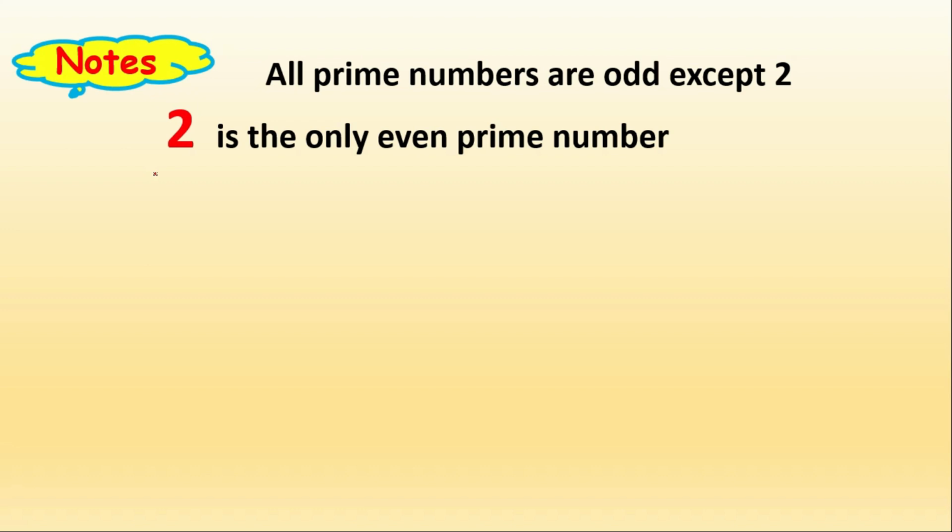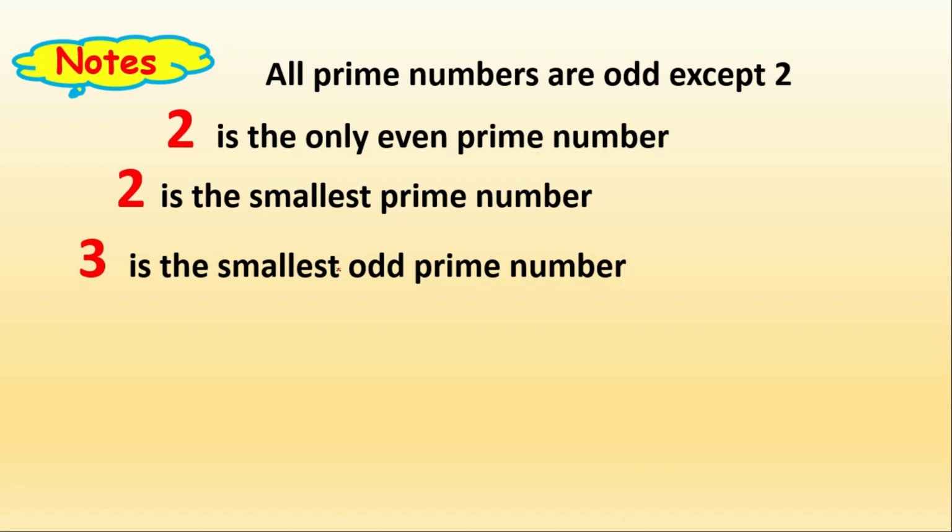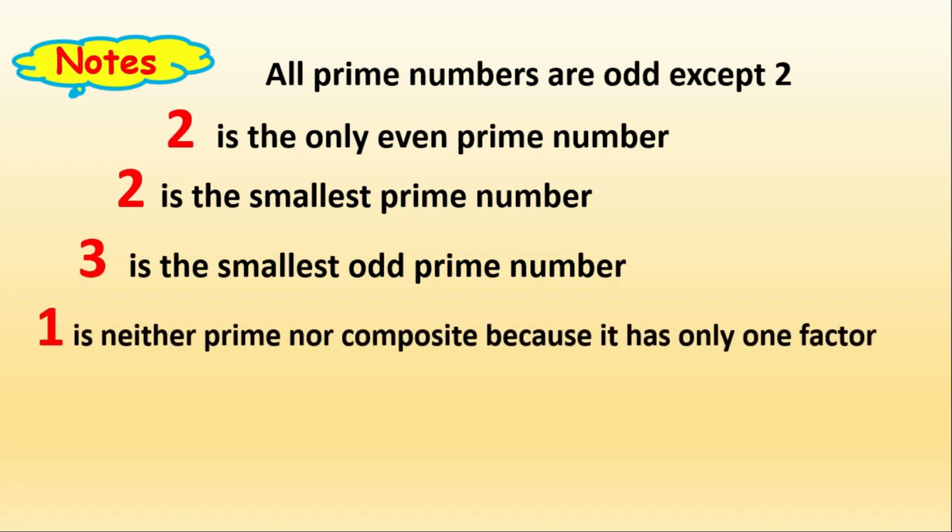Only number 2 is even among the prime numbers. 2 is the smallest prime number, and 3 is the smallest odd prime number. Prime numbers start with 2. And 1 is neither prime nor composite because it has only one factor.